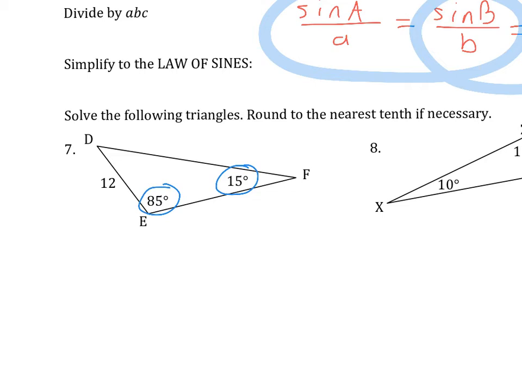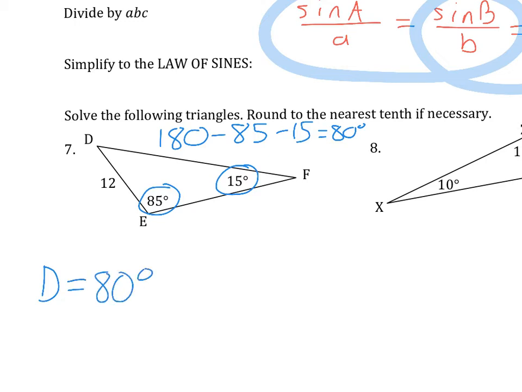So what does the third angle have to be? It has to be 180 minus 85 minus 15. So it has to be 80. Alright, so angle D, capital D equals 80 degrees. We still need to find lowercase d, and they give us side F. We need to find lowercase e.